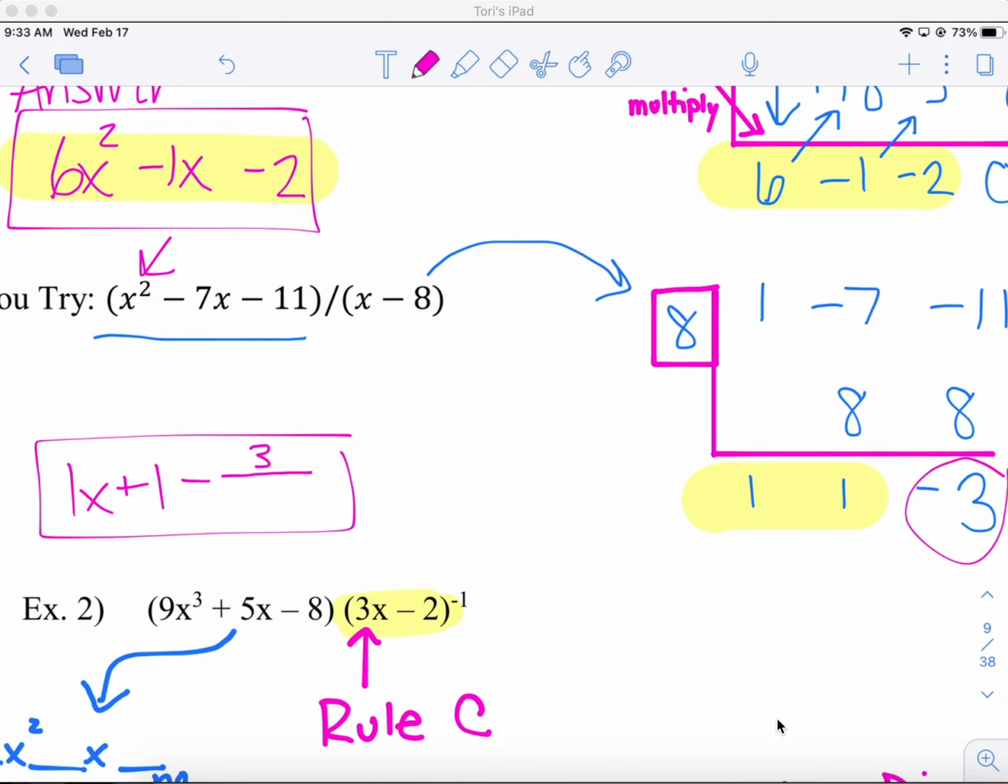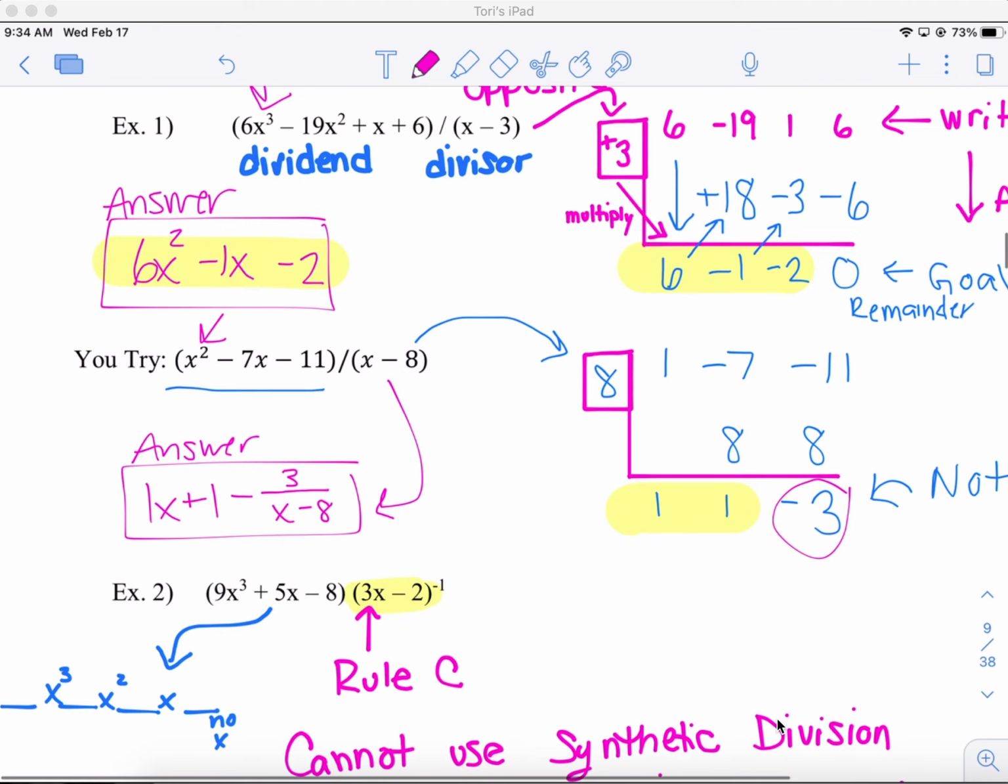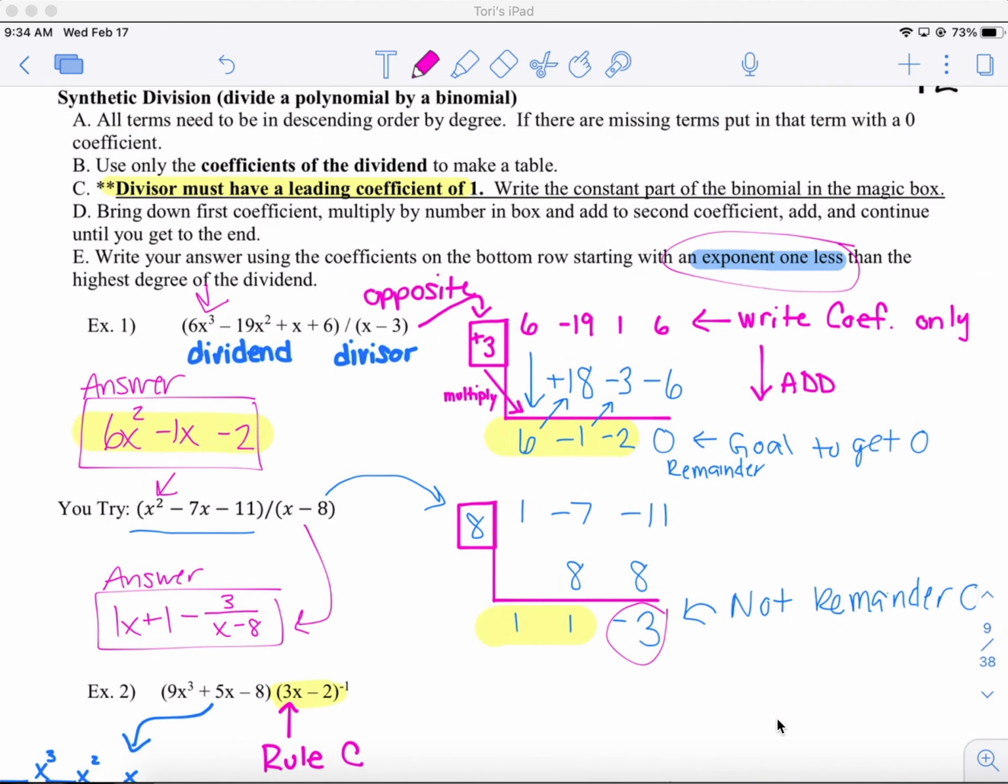So my remainder is going to go out of whatever I was dividing by. Okay, so -3 is left over out of x minus 8. Okay, this would be your answer. So whatever that last number is, if it's not 0, it does mean you have a remainder. Okay, I'm going to zoom out for just a second, pause the screen, copy what you see. Let's go to the next one.